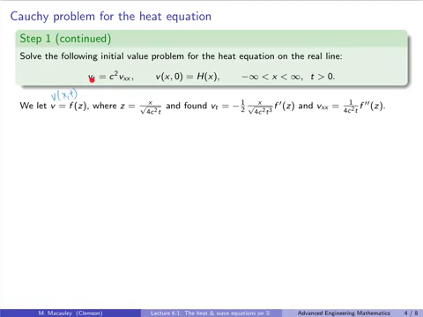The left-hand side of the PDE is vt, which is negative 1/2 x over root 4c squared t cubed f prime, and set that equal to c squared vxx, which is 1 over 4c squared t times f double prime.